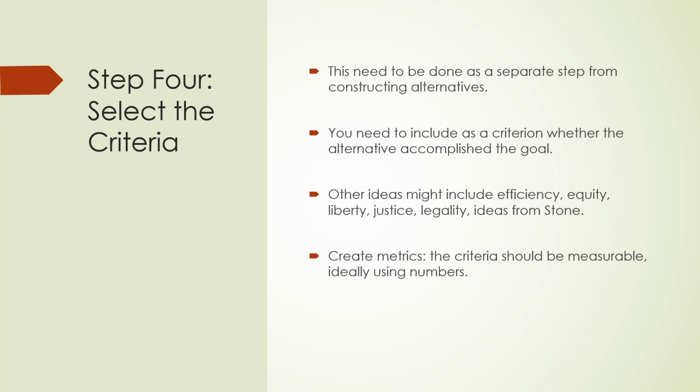And other ideas that might concern you are efficiency, equity, liberty, justice, legality, basically the things that Stone talks about. And create metrics. The criteria should be measurable, ideally using numbers, but certainly using some way of comparison.